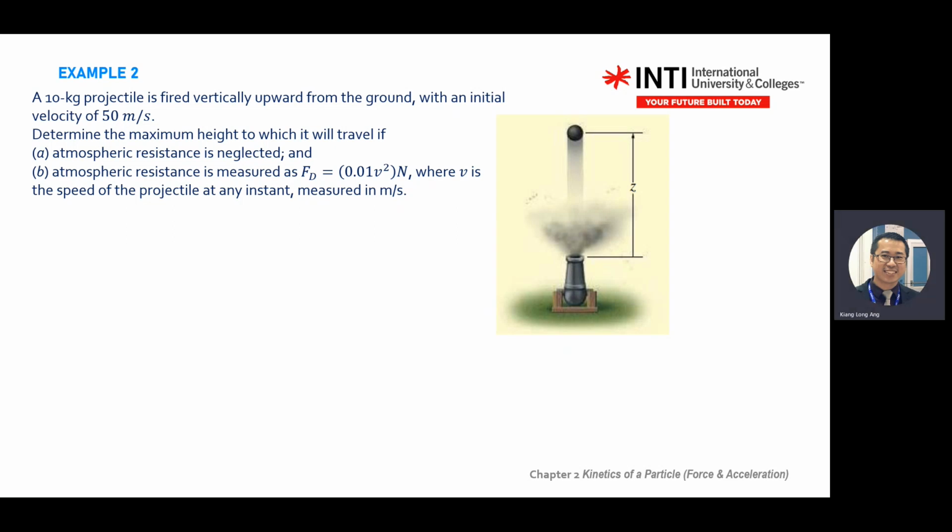Ask yourself, are you able to draw a free body diagram for the first case? How to draw the free body diagram for the first case? Draw a dot. And what else? First thing, always deal with your gravity. Always remember there is a W there. Then you look at the diagram, what else?